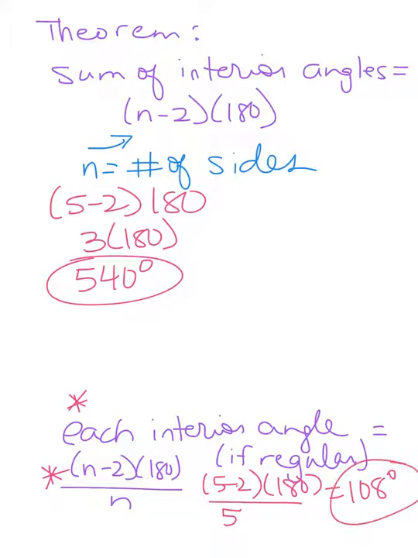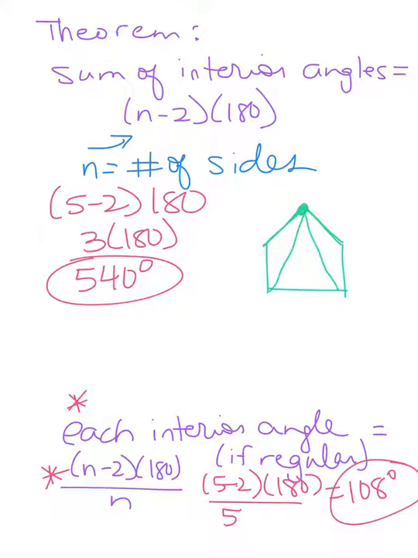Now, how do we get this formula, this n minus 2? Well, if you think about it, every triangle has a measure of 180 degrees. So what we're really asking is how many triangles are in each pentagon. So if I'm looking at a pentagon and I just pick any vertex, how many triangles can I draw? Well, I would certainly skip the ones that are right next to me. And there's one triangle there.